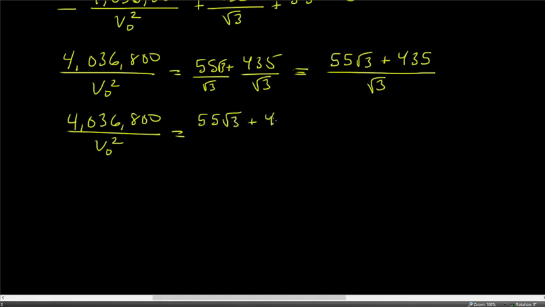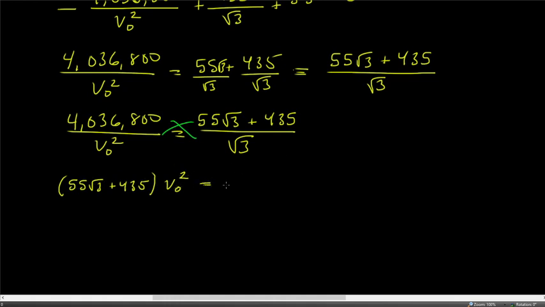And that gives us 55 square root of 3 plus 435 all times v naught squared. And that's going to equal the square root of 3 times 4,036,800. I'll put the number in front of the square root of 3. And that's a 3 there too.